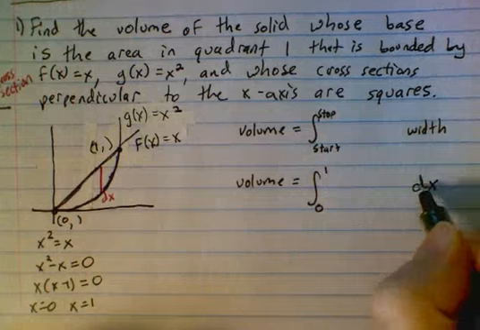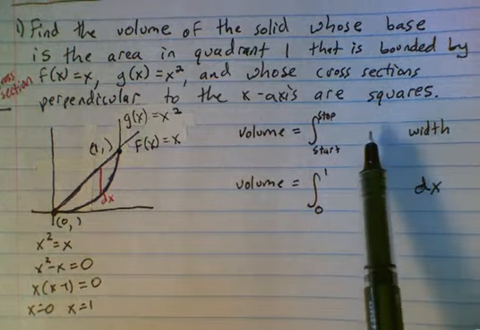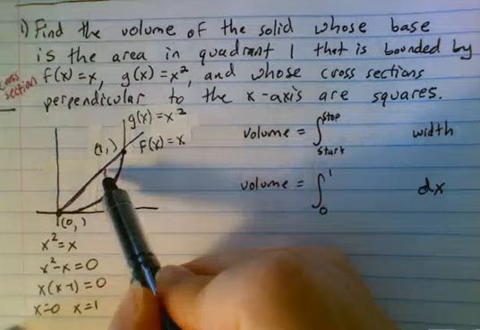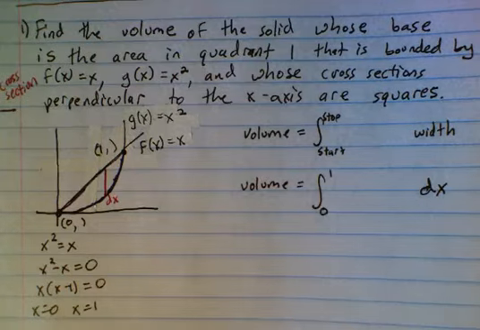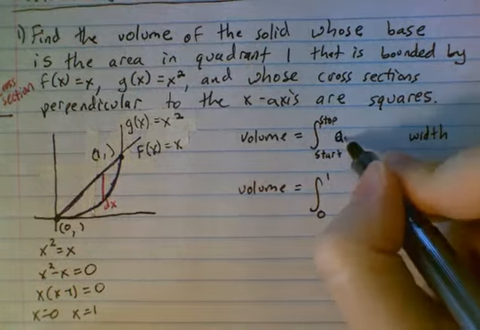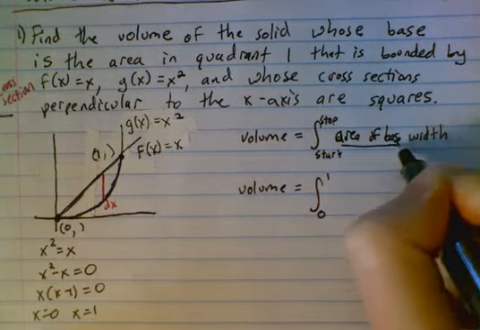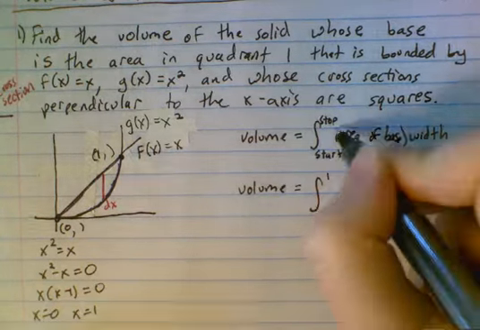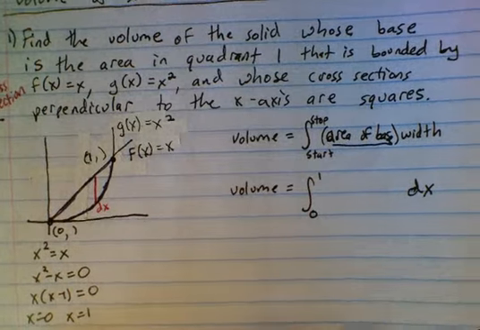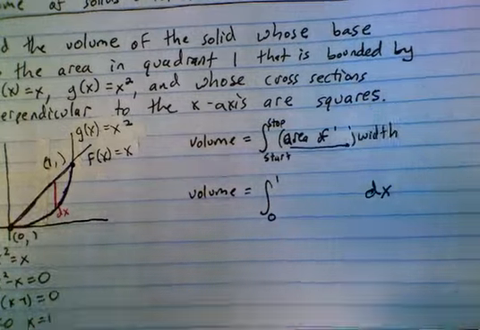We have a dx. What's going to be different is that instead of this part right here being simply the height of this, it's going to be the area of the base times the width. That says area of base.